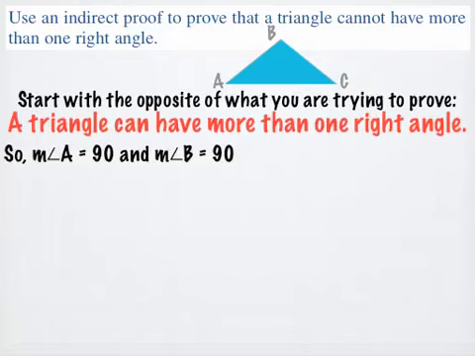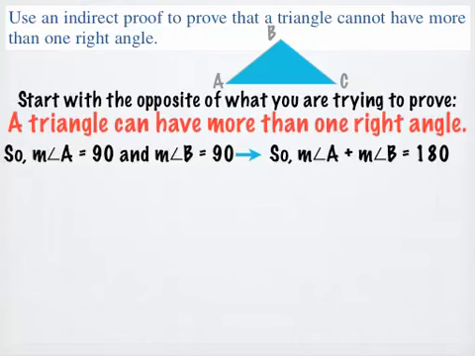But if you think about a triangle and its angles, we know that the three angles of a triangle need to add up to equal 180. Well, if you have two right angles, in this case I'm assuming A and B are right angles, then just the measure of angle A plus the measure of angle B equals 180.